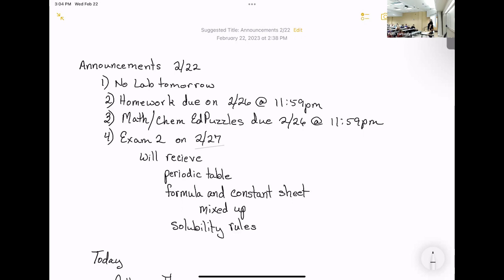But homeworks always give 2 attempts, so I don't know why I set it to 1 attempt. I'll go back in and give it another attempt. Only on quizzes am I that tough, or tougher. Other questions?